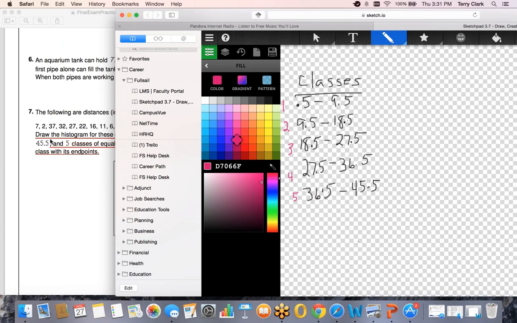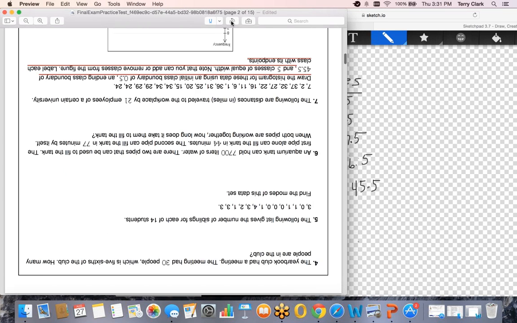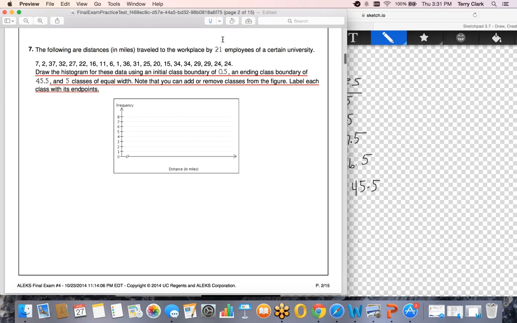So that's 5 classes there, which is what we stated we had right here. We said that there were 5 classes of equal width at the beginning. So we set that. Okay, so we got the information.